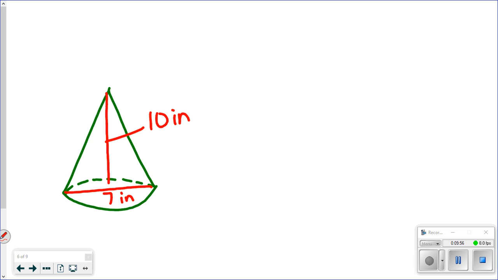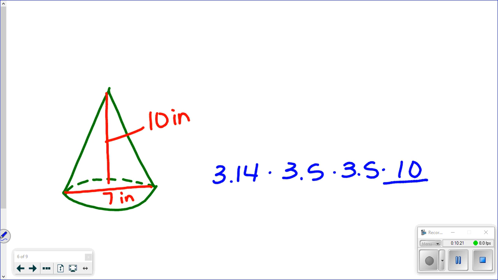Be careful, because I gave you the diameter here, not the radius. See the radius is 3.5. There's 3.5. There's 10. All divided by 3.